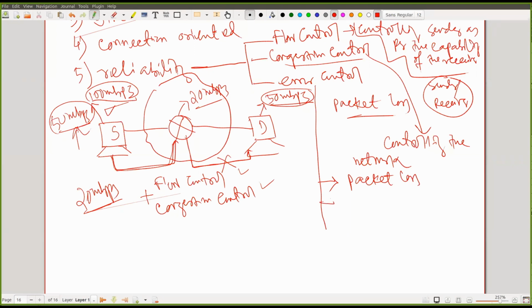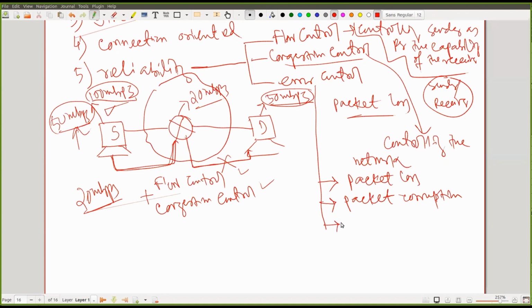The second point, packet may be corrupted. Packet corruption may occur. Two packets may collide with each other, and the packet will get corrupted out of the collision. Once the packet is collided, it has no meaning. The packet is modified, so we have to discard that packet.